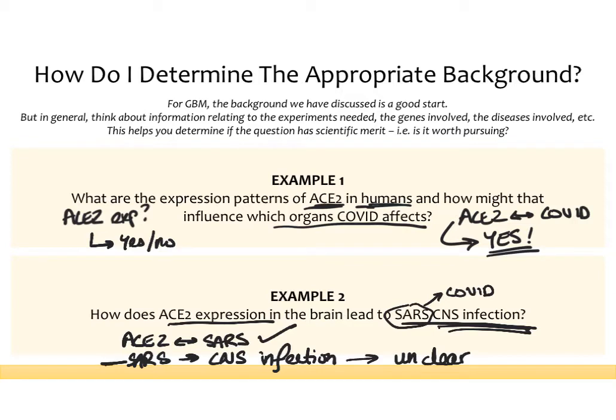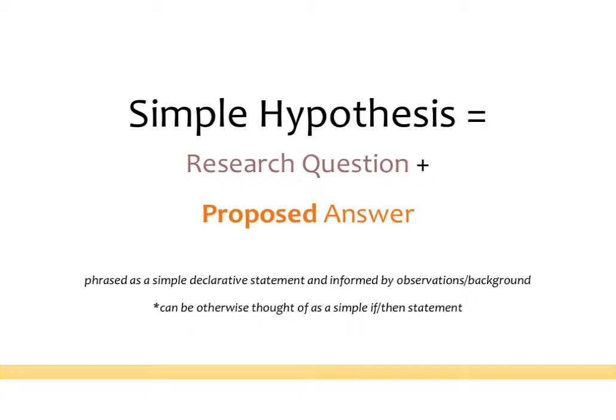Your presupposition in this question is incorrect, and so this question doesn't really hold any merit. When I talk about finding the appropriate background, I really mean you need to make sure that all the assumptions in your question hold true, that your question actually makes sense and everything in it makes sense, and then you can go ahead and investigate it.